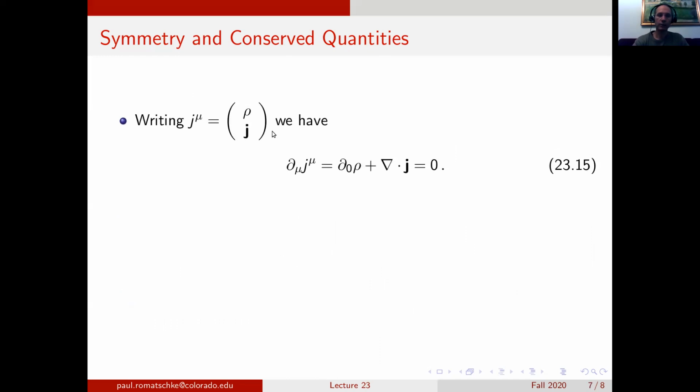We can write j mu in components. So there's a time-like component rho, which you can think of as being the charge density, and a vector component j. And then the conservation law is just d mu j mu equal to the time derivative of rho plus the total divergence of j vector.